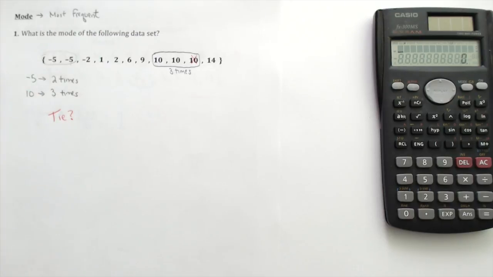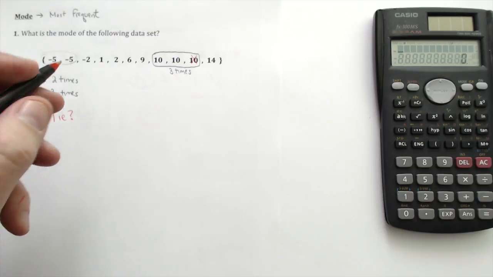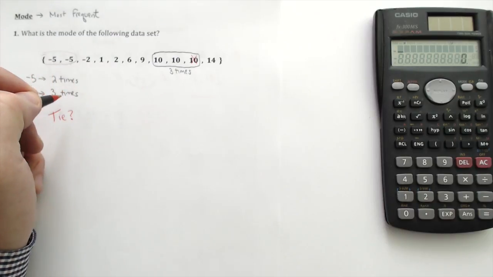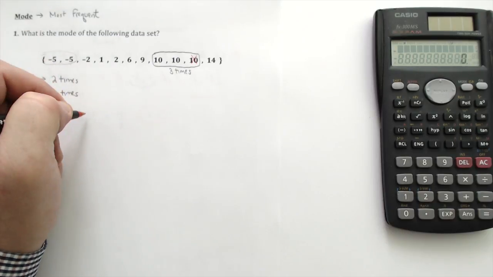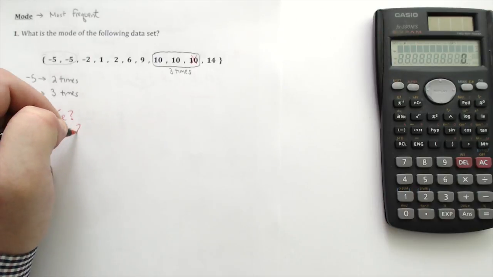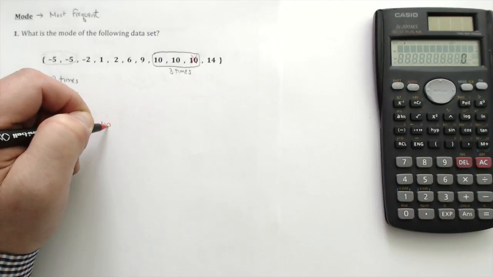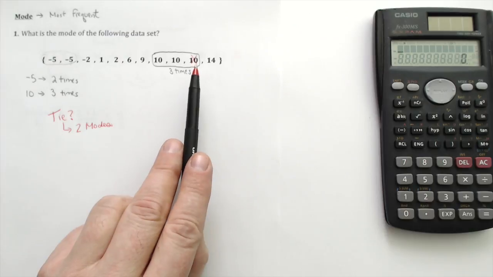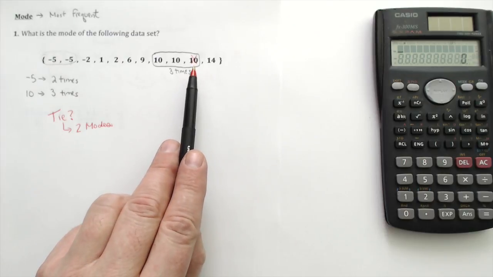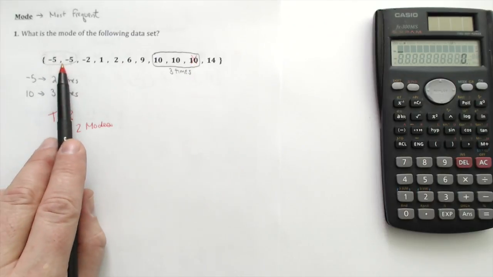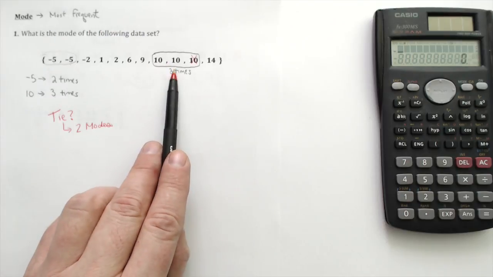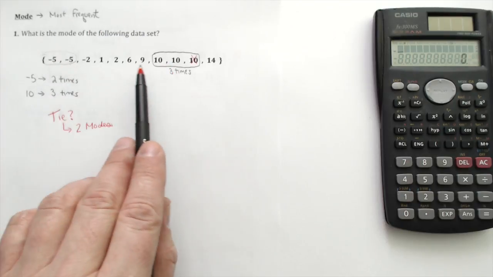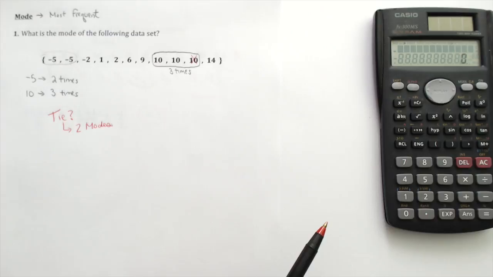Well, the answer for the mode is a little different than it was for the median. For the median, we took the average of the middle 2. But when there's a mode question and you have a tie, then the answer is you have 2 modes. In other words, if I didn't have this 10 here, this question would have 2 answers, the negative 5 and the 10, because I would have 2 of each of those and no other number repeated so often.